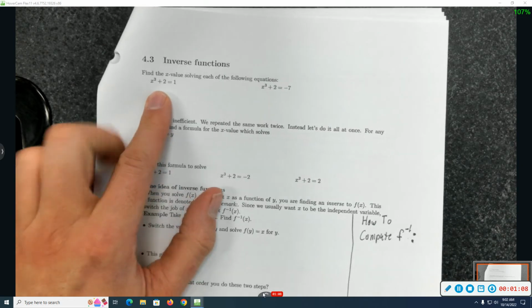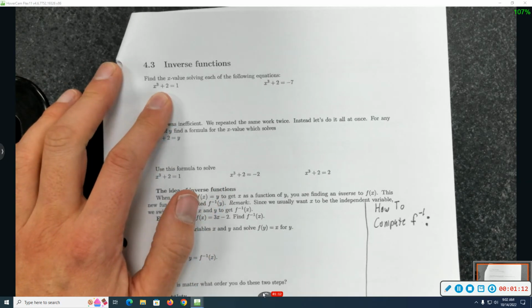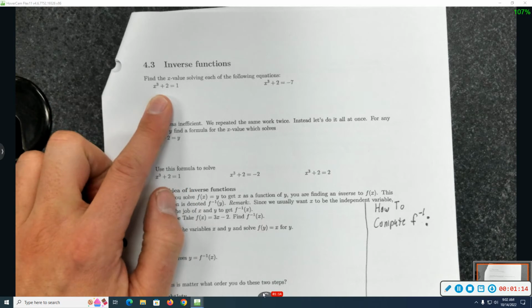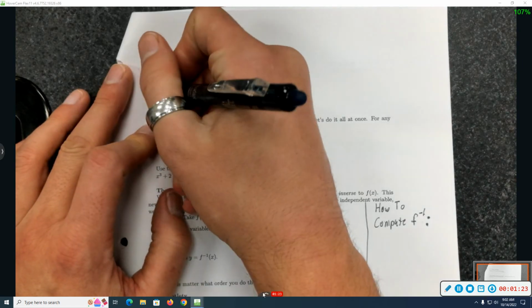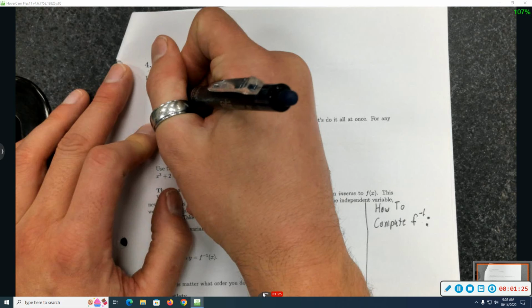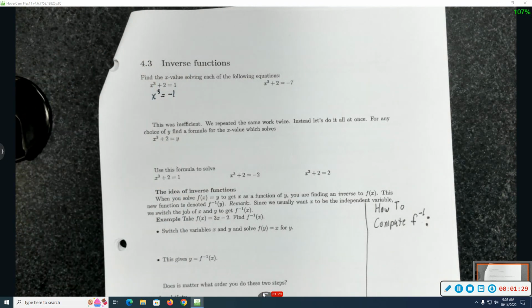Let's try to solve this. Remember, solving for x, your goal is to get x on its own. So it seems like a good forced move to get that 2 over to the other side, leaving you with x cubed equals negative 1. What undoes cubing?